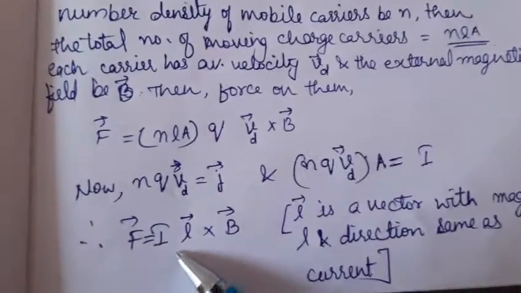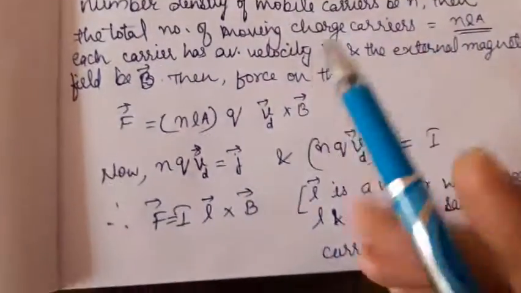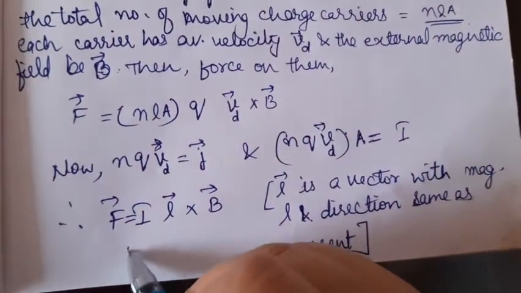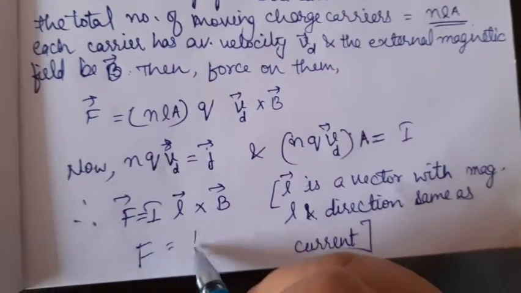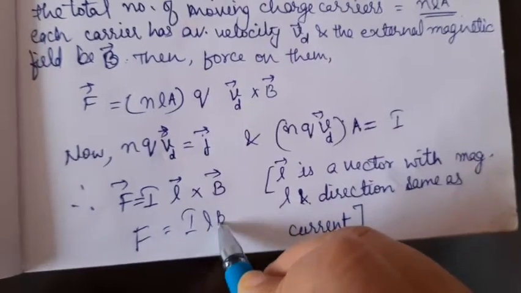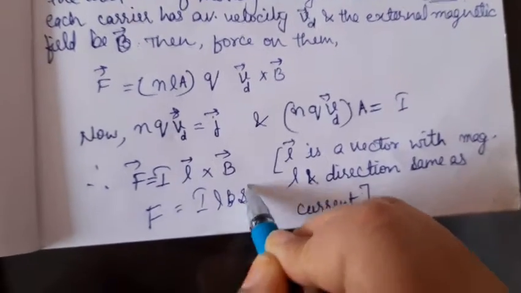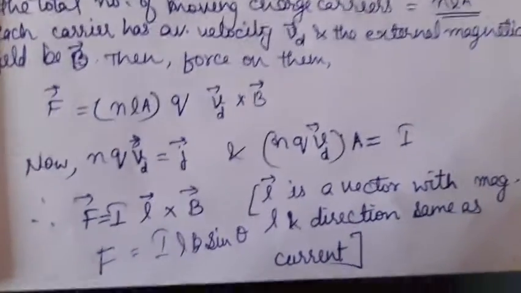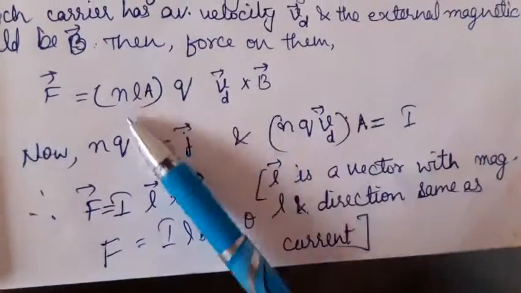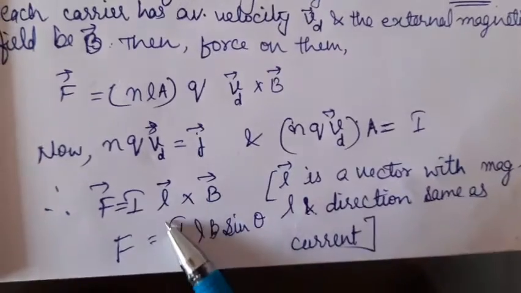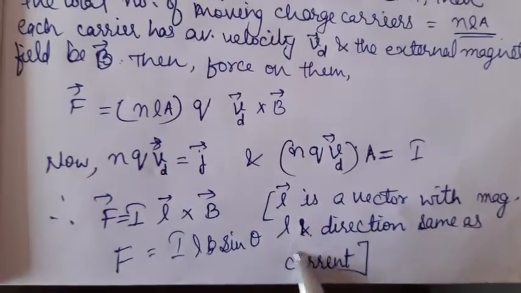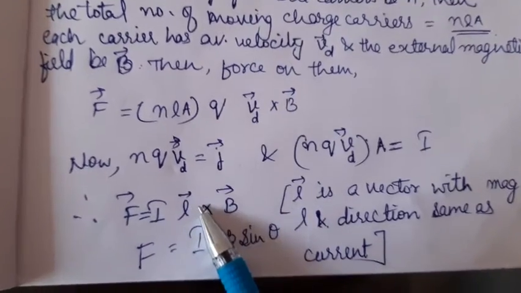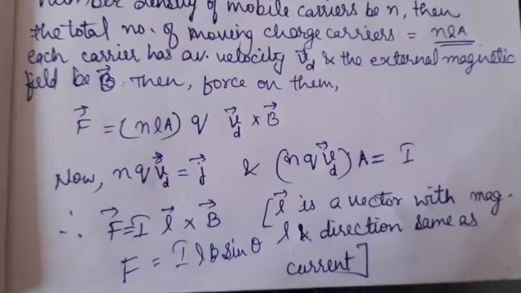So we get the expression for the force acting on a current carrying conductor in a magnetic field as I into L cross B, and its magnitude is ILB sine theta, where theta is the angle between L and B. Since vector L has the same direction as the current, theta is the angle between the direction of current and the direction of the magnetic field.